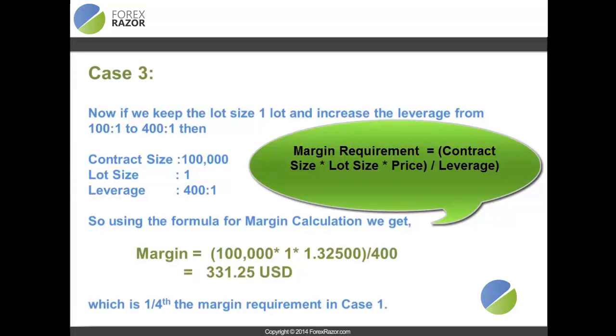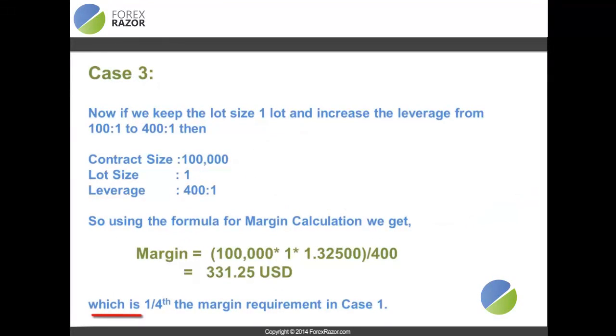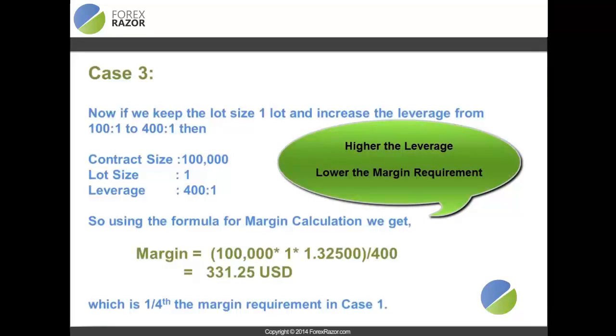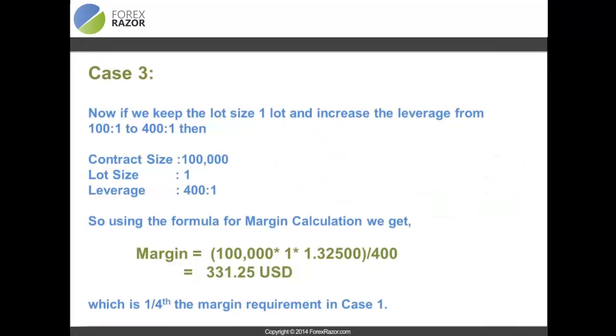The value comes out to be 331.25 US dollars, which is 1/4 the margin requirement as was in case 1. So you can see, by increasing the leverage of your account, you have reduced the margin requirement needed for your trade position. Therefore, margin requirement is inversely proportional to the leverage chosen.